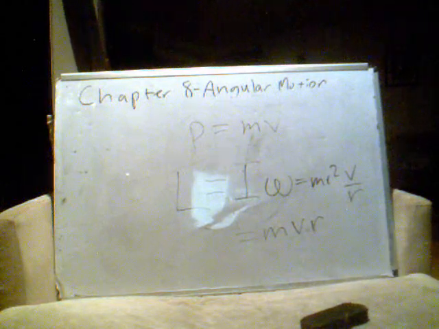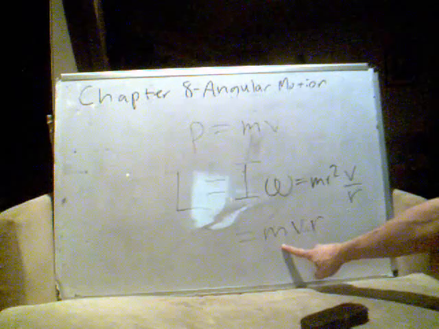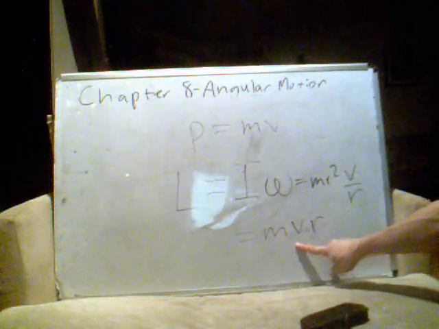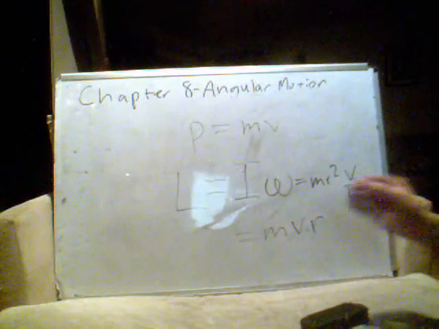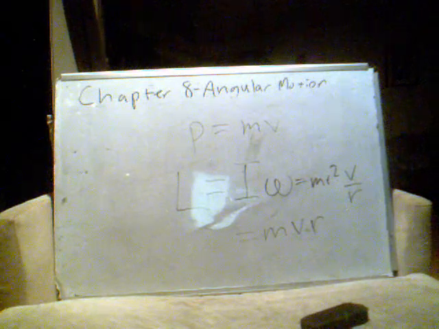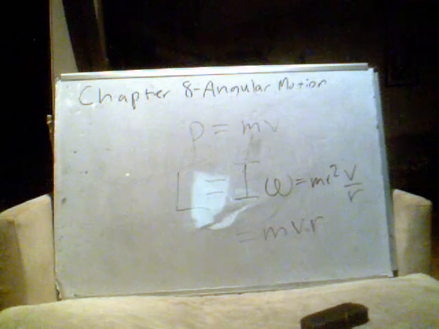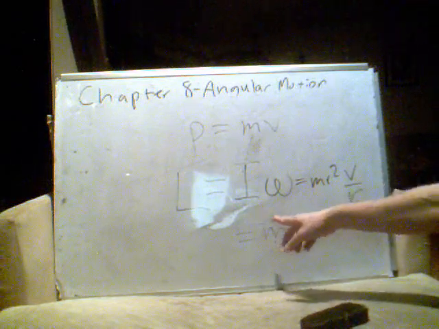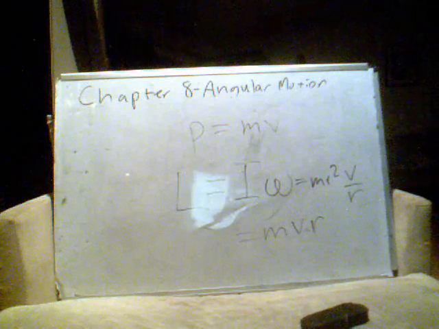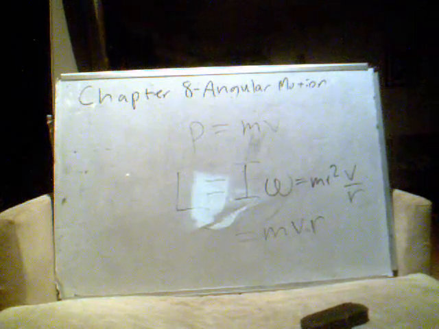Because your angular momentum depends upon your mass, your velocity, and your radius, or your distance from your axis of rotation. Therefore, the rotational analog of Newton's first law you can sort of write this way: an object will remain at constant angular momentum unless acted upon by a net external torque.